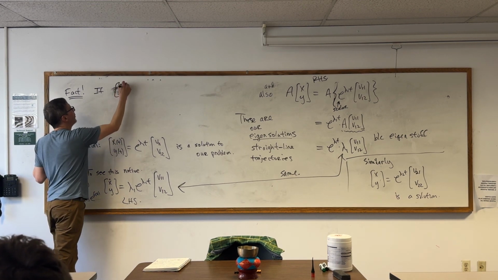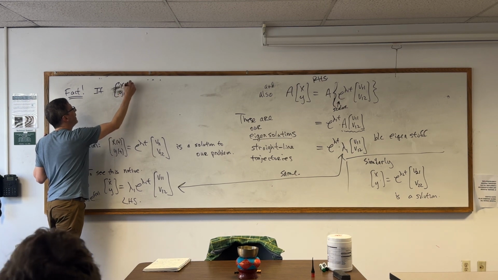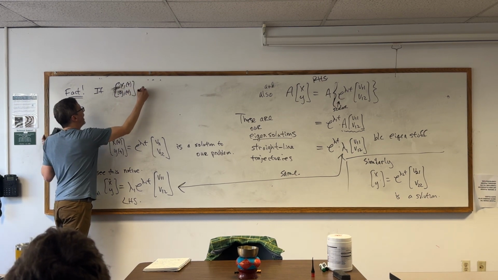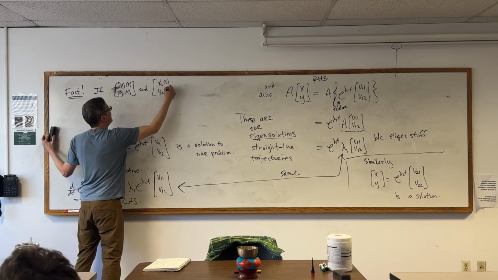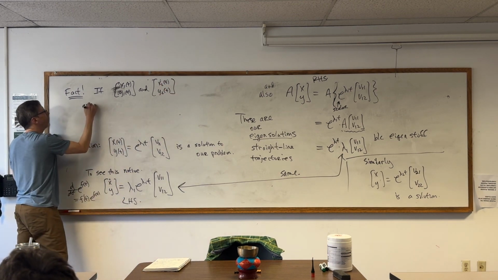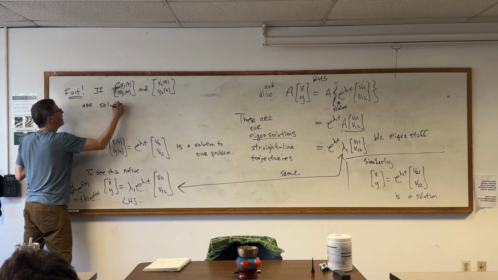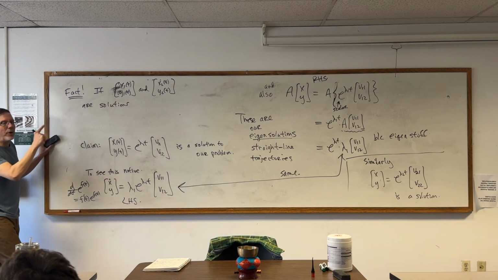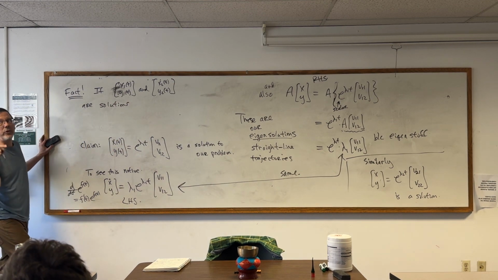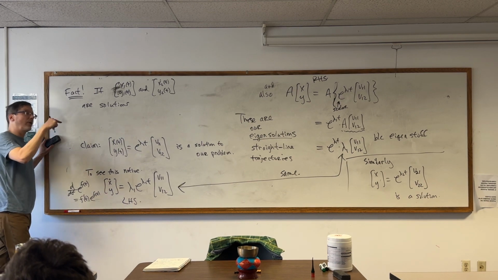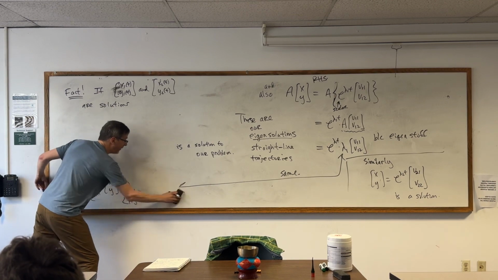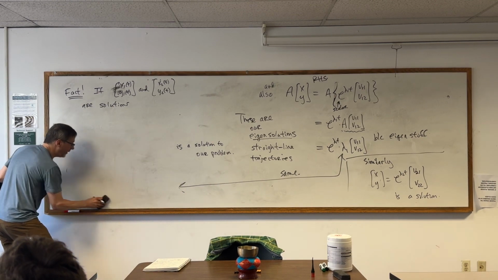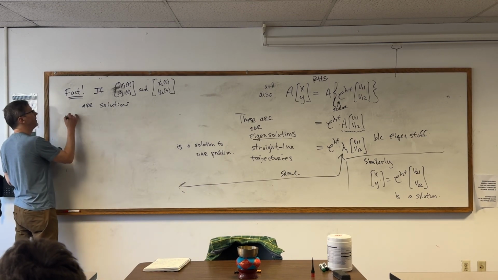If we have two solutions, x1(t), y1(t), and another solution, x2(t), y2(t), if these are solutions to our problem, then any linear combination of those two is also a solution. What does that mean if you haven't had linear algebra? Well, this gives us infinitely many solutions that look like this.